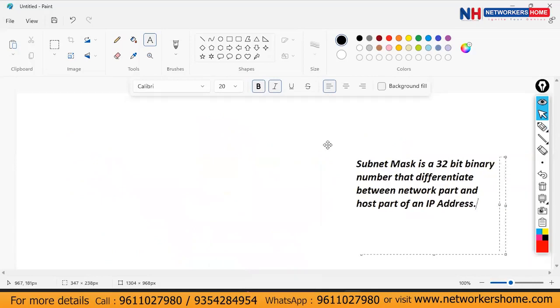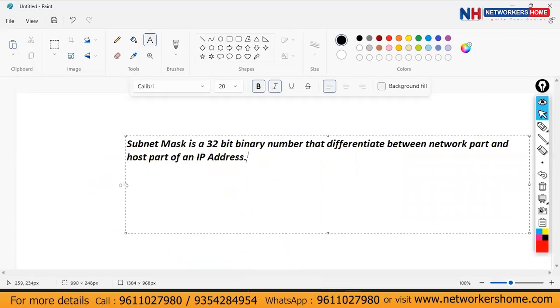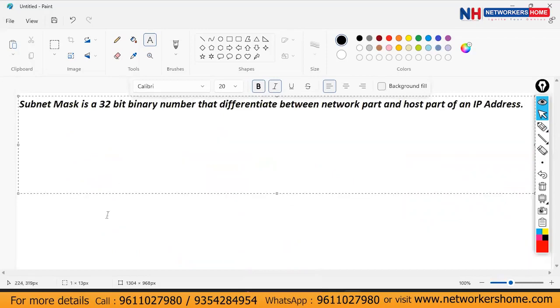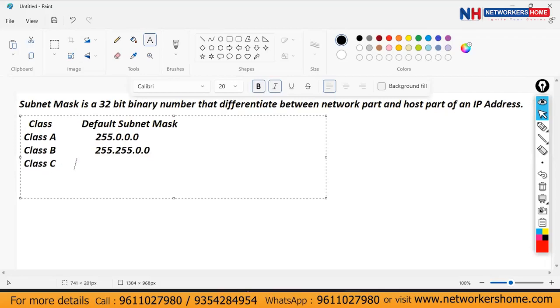Now, when I say your subnet mask differentiates between the network part and host part, how does it do that? How do you know which part is the network and which part is the host? Before going to this, I'll show you that these default subnet mask values, even if you don't provide them in your system, will be automatically tagged. So class A default subnet mask is 255.0.0.0, class B is 255.255.0.0, and class C is 255.255.255.0.